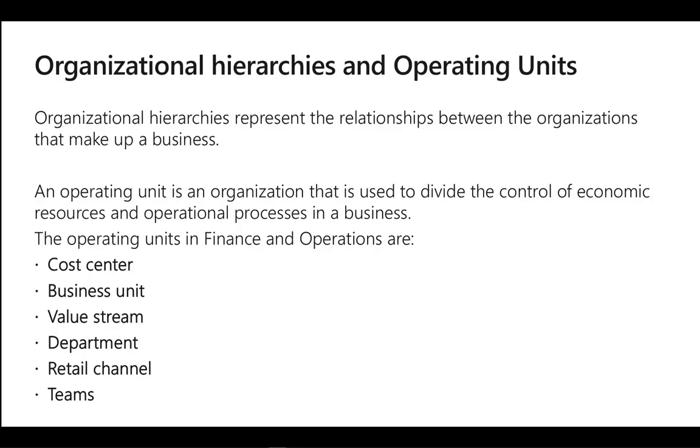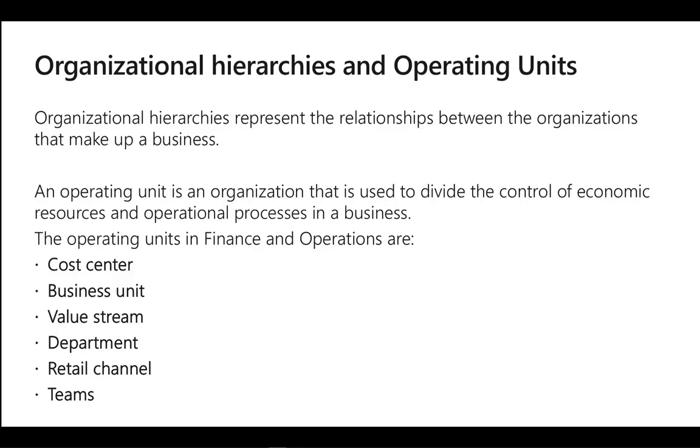Branch, an operating unit that represents a branch location outside of the main location of the business. This is part of the fleet management sample module and is not installed as part of a production environment. Rental location, also an operating unit that represents a rental location of the business.